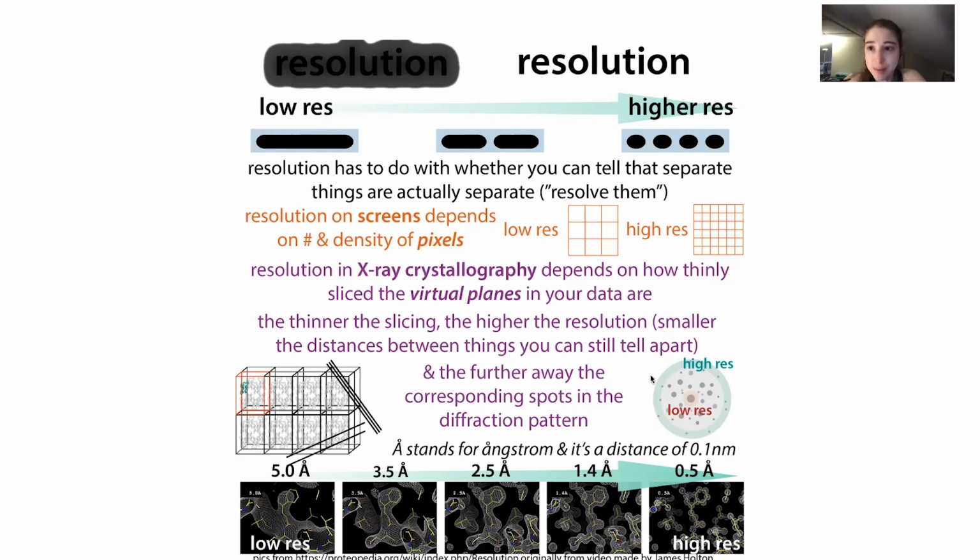You need this entire pattern, and it gives you information about the entire molecule, because it's how all of those atoms and their electrons interact with the X-rays to create these patterns.